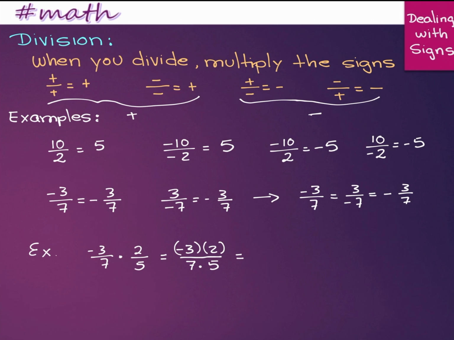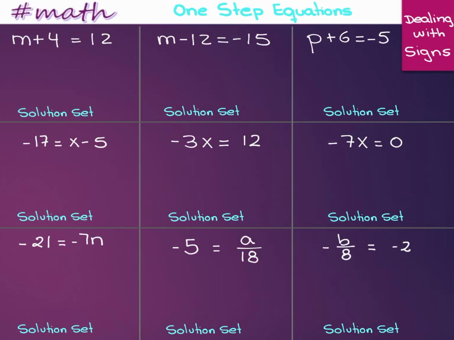So the numerator is negative because negative times positive is negative. 3 times 2 is 6, so the numerator is negative 6, and the denominator is 35. So the answer is negative 6 over 35. And try them by yourselves, or you can continue with me.